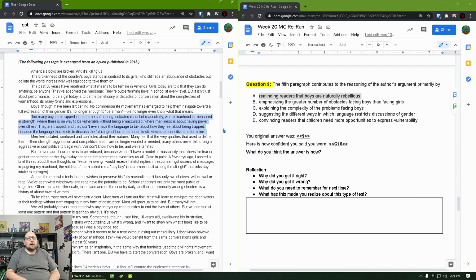I do want to talk about D, and why is D a wrong answer? Even though not many of you picked it, I want to point something out to you. It says, suggesting the different ways in which language restricts discussions of gender. Language restricting discussion of gender. Here it says, they don't even have the language to talk about how they feel about being trapped. That 100% sounds like this right here.